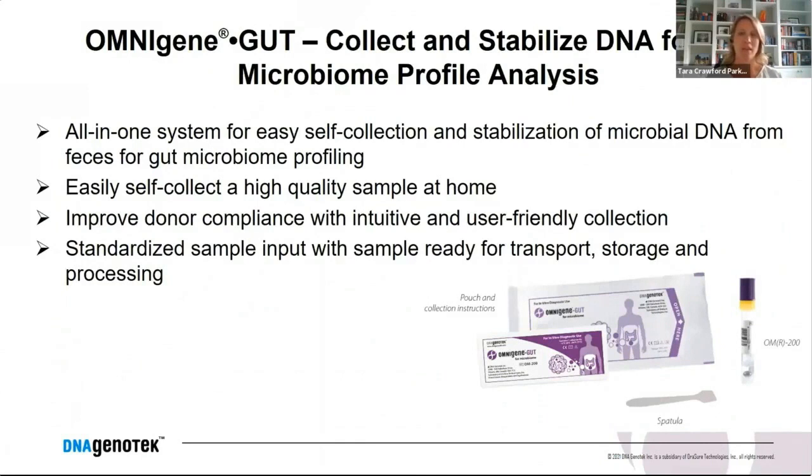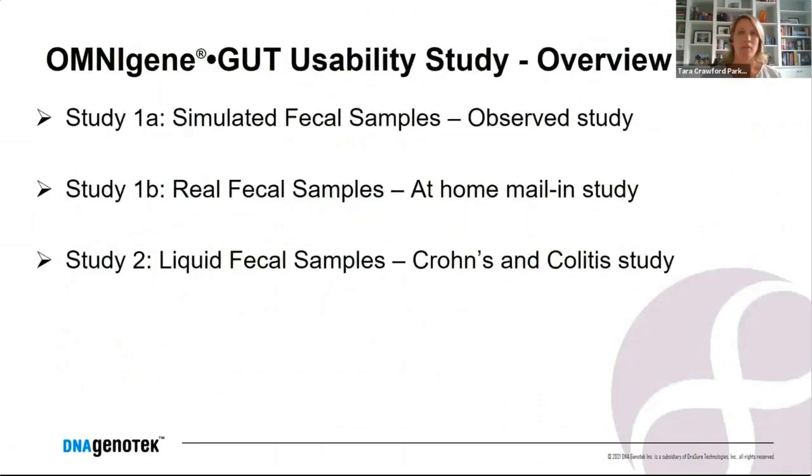This product can be easily used to self-collect a high-quality sample in the comfort of one's own home, which paired with an intuitive and user-friendly collection method ultimately improves donor compliance and provides standardized fecal samples ready for transport, storage, and downstream processing. Today, I will provide an overview of data we have collected to evaluate the usability and overall user comprehension of the OmniGene Gut device.